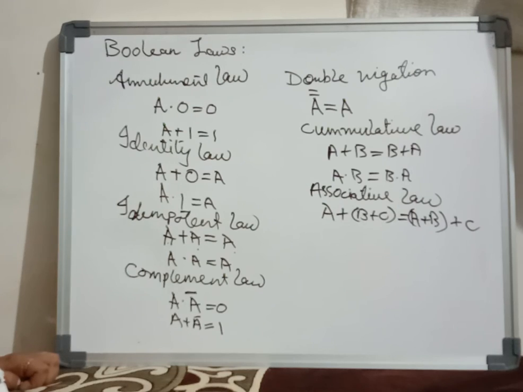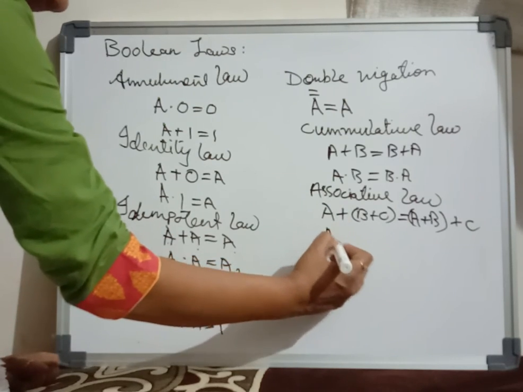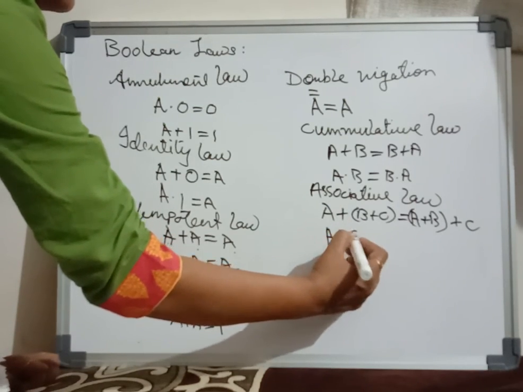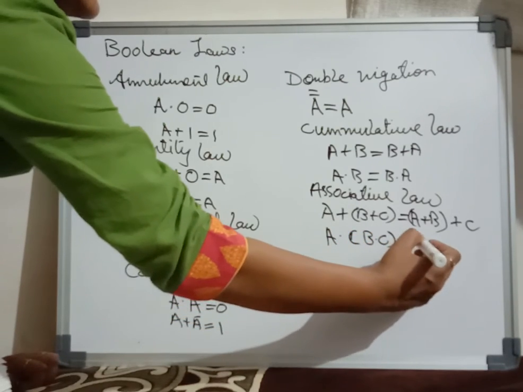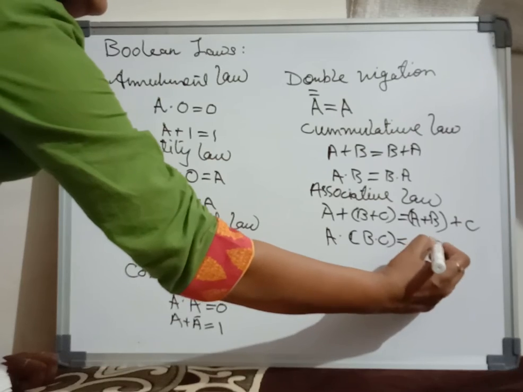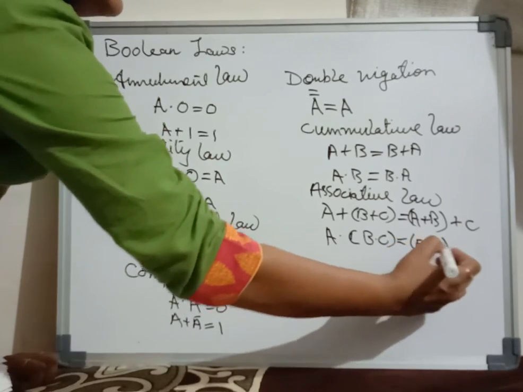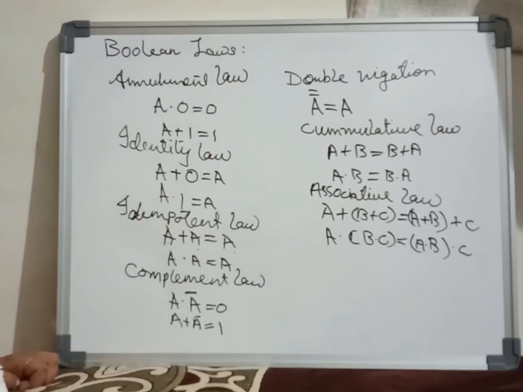If suppose it is A dot B dot C, you can write this as A dot B in brackets, dot C. So this is nothing but the associative law.